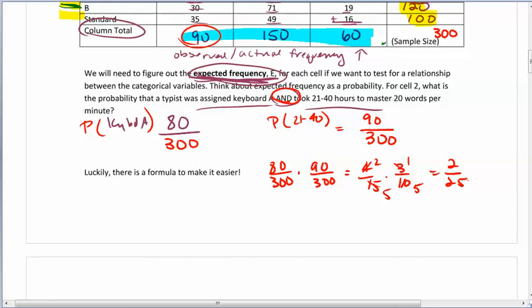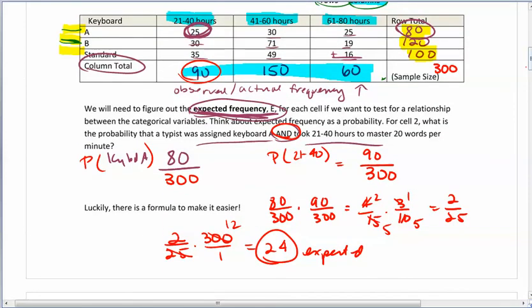As far as an expected count, we would take the 2/25 and multiply it by 300 people in the sample to figure out how many we would expect to see in that cell. Okay, let's see, 25 goes into 300, 4 times in 100, so 12 times, so 2 times 12 is 24. We would expect 24 in that cell, okay, if there was no relationship between the two.